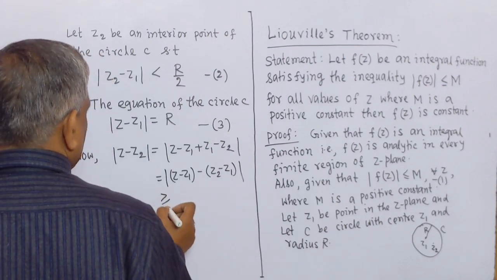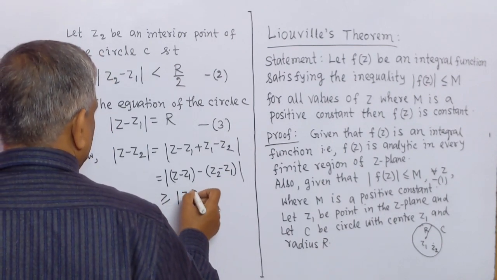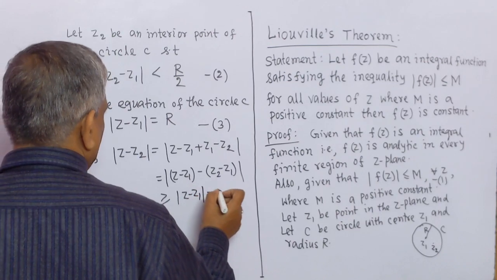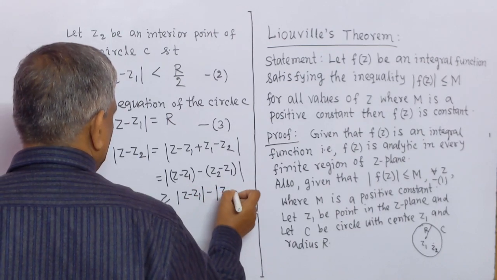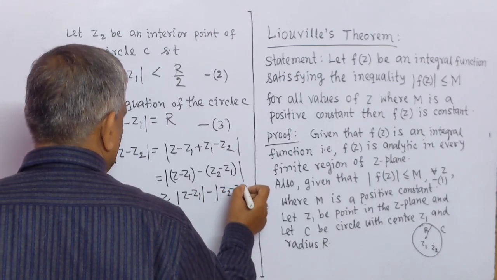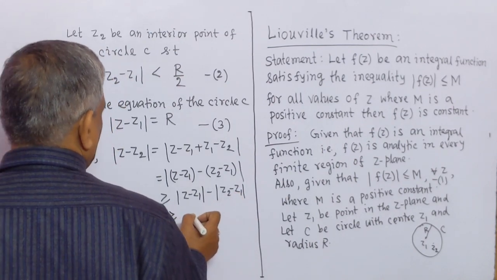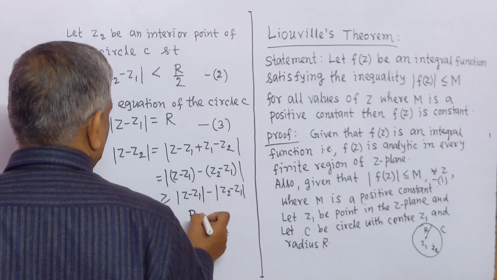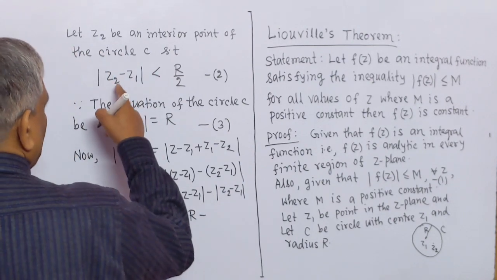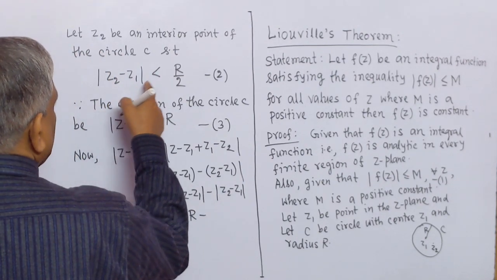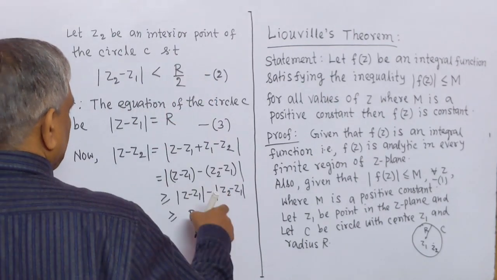This is greater than or equal to modulus of z minus z1 minus modulus of z2 minus z1. This is greater than or equal to r minus, here modulus of z2 minus z1 is less than r by 2.